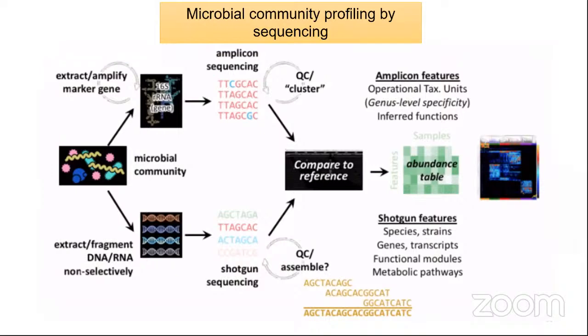Once you have your amplicons ready, you go for quality control and cluster generation. Then you will be able to identify the features from it. From the shotgun sequencing method, the same way you have to assemble your data and go for a quality check. Then using this, you are able to identify the species, strains, transcripts, functional modules, or metabolic pathways.